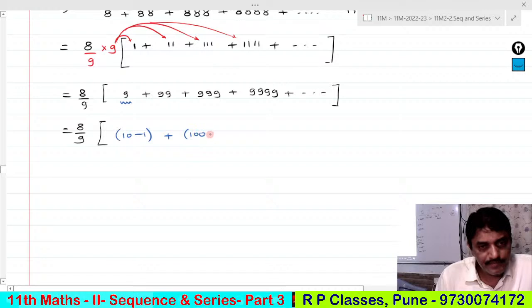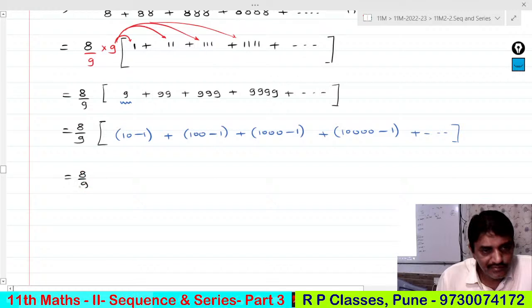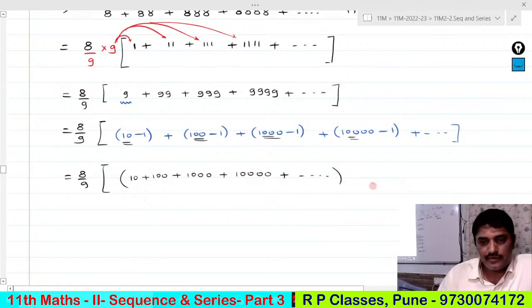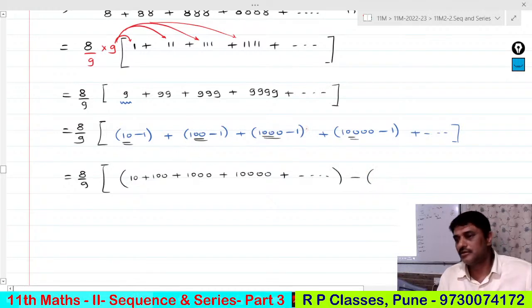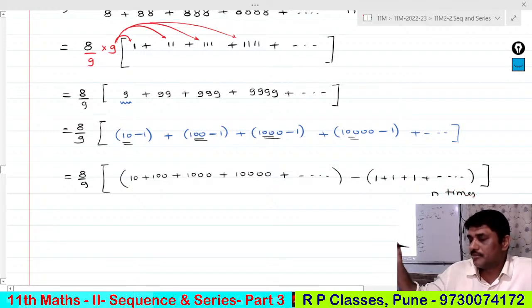So this will become 100 minus 1. फिर okay. फिर and this will go on and on. अब क्या करना है? अब मैं इसे लिखूंगा 8 upon 9 और ये सारे 10 100 एक ब्रैकेट में लिखेंगे. 10 plus 100 plus 1000 plus 10,000 n terms और minus कॉमन लिया 1 1 1 इकट्ठा लिखेंगे. ये -1 लेकिन minus बाहर लिया. +1 +1 +1 कितनी बार? n times. 1 + 1 + 1 3 बार किया तो कितना आएगा?